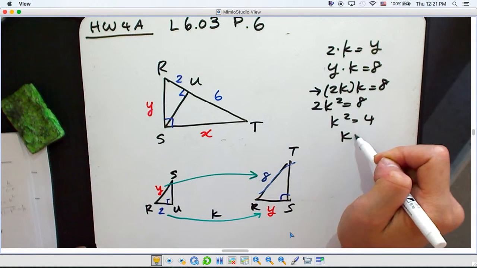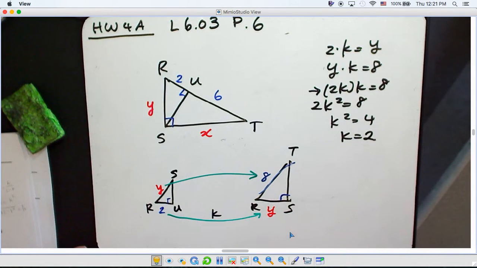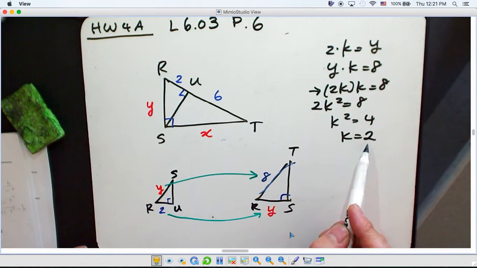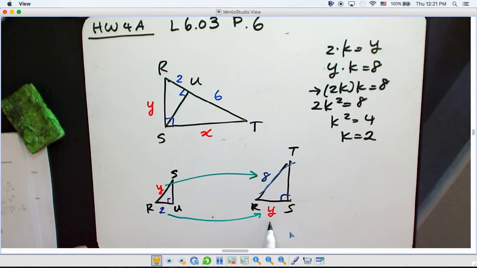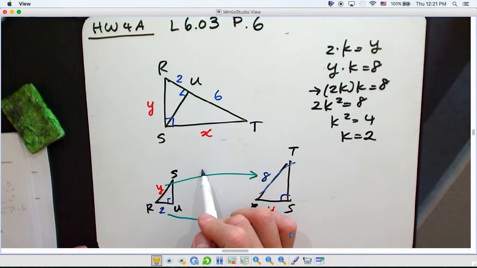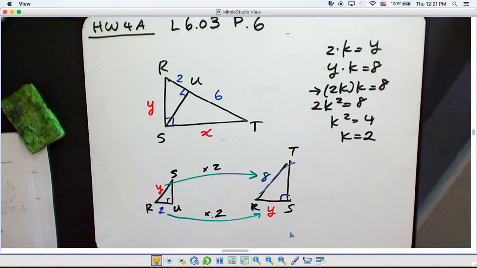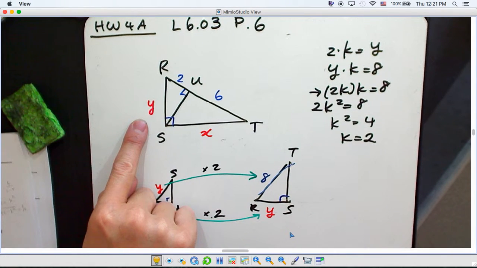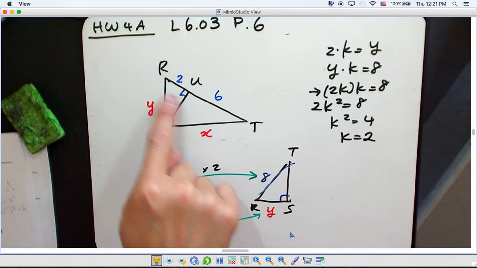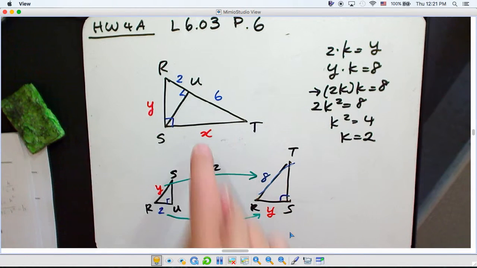Therefore, k is 2. So 2 times k, which is 2, gives y equals 4, and y times 2 is 8. Once you find the y's, you can use the Pythagorean theorem to find the x.